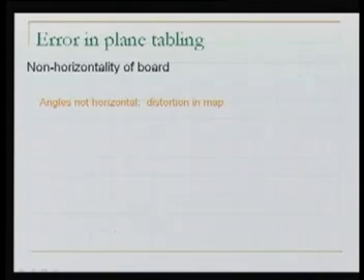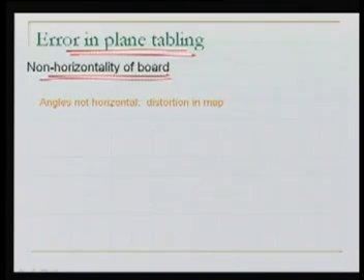Next, let's look into the errors in plane tabling. The very first error is non-horizontality of the board. What is the meaning of that? Our table should be horizontal. If it is not, it is inclined.